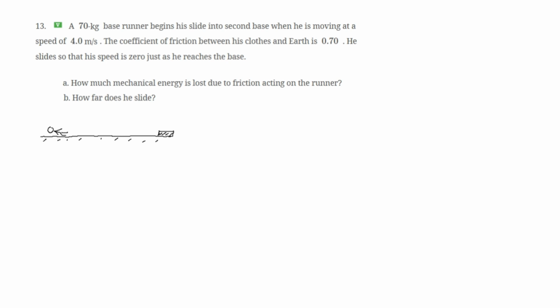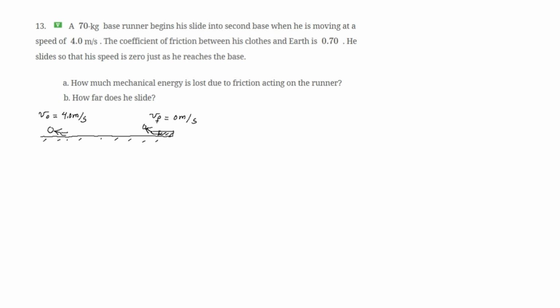He begins his slide into second base, and at this point where he begins his slide, he has a speed that we're going to call initial speed of 4.0 meters per second. He's going to slide all this distance until he reaches the base. And when he reaches the base, his speed is 0 meters per second.